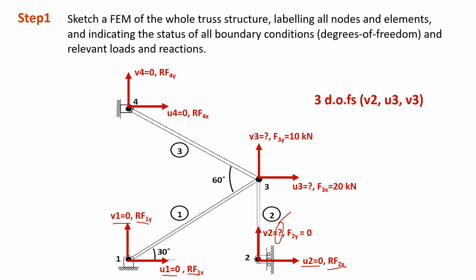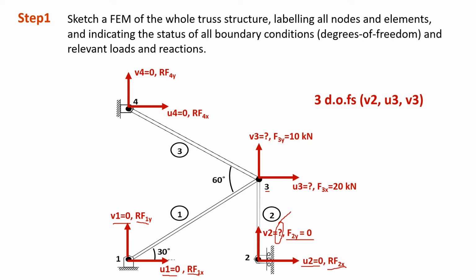While at node 2, we do not have any applied loads. That's why F2 in y direction is equal to 0. At node 3, this point is a free point. So when it's a free point, meaning it is able to have displacement in x and also in y direction.